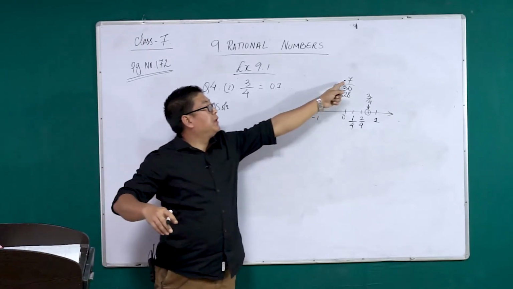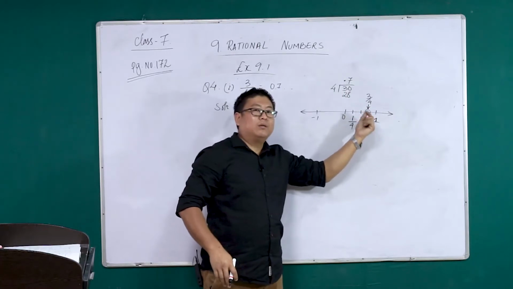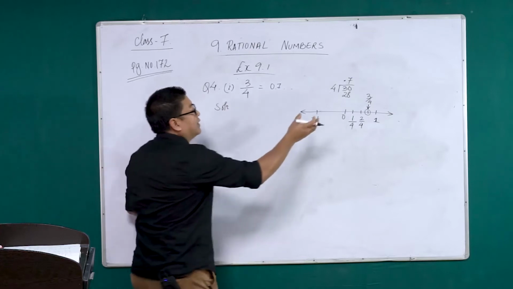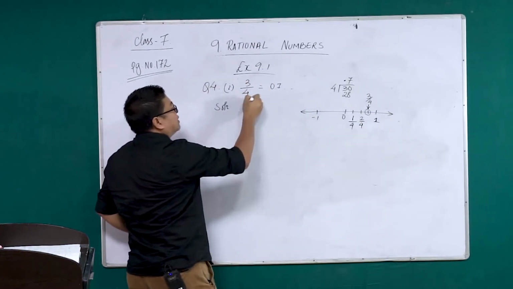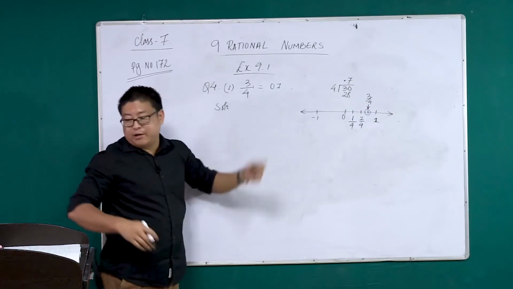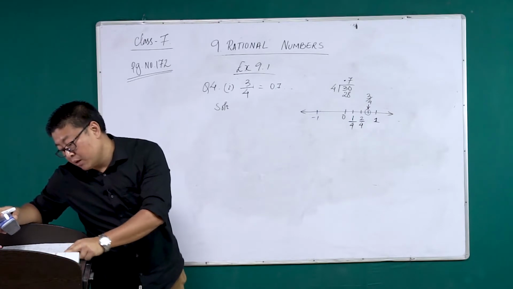Simply divide them, you will get a value. You will understand that it lies between 0 and 1, 1 and 2. After you understand where it should be, you will divide the parts according to the numerator and denominator. Alright? I hope this is clear and you will please try the other questions at home.